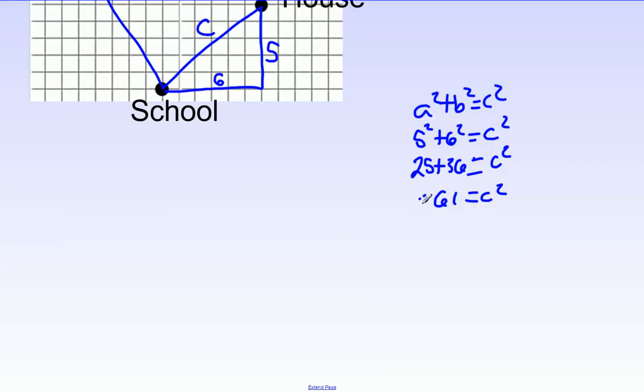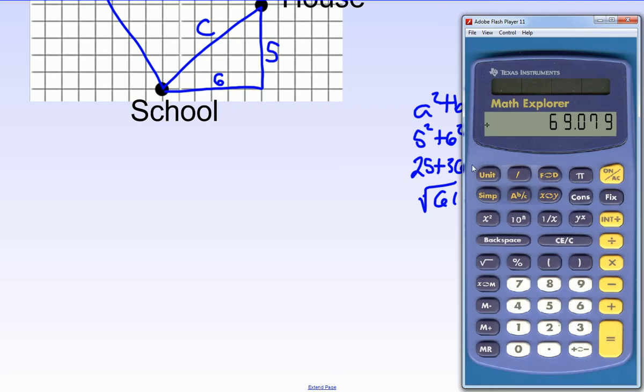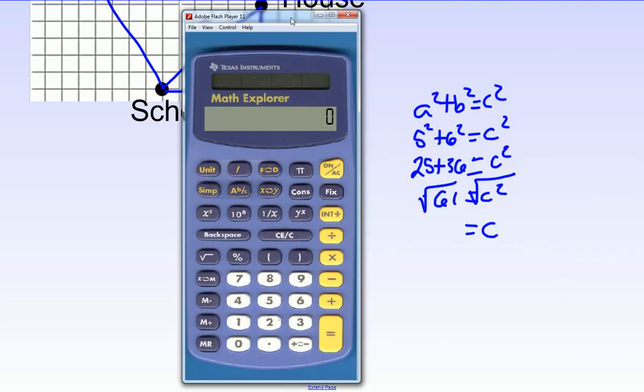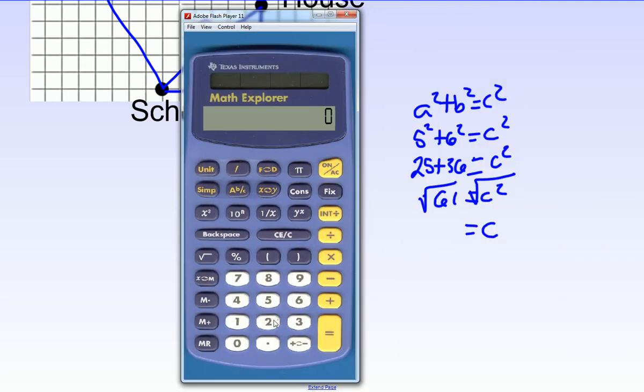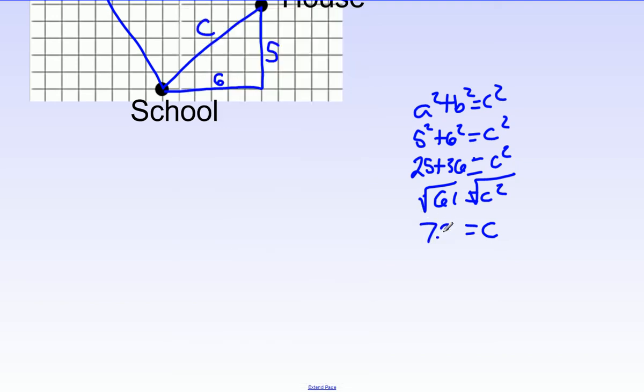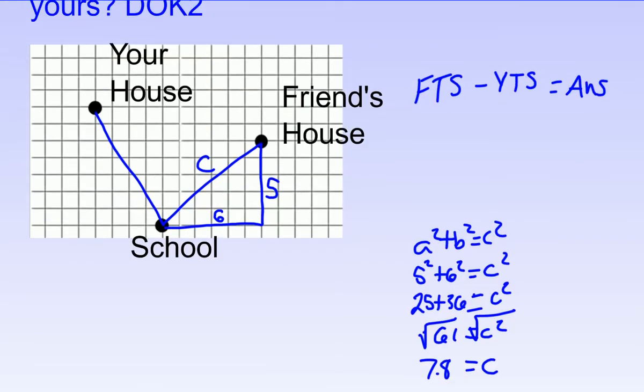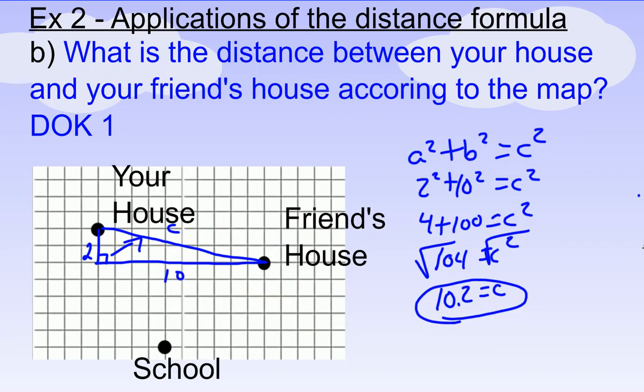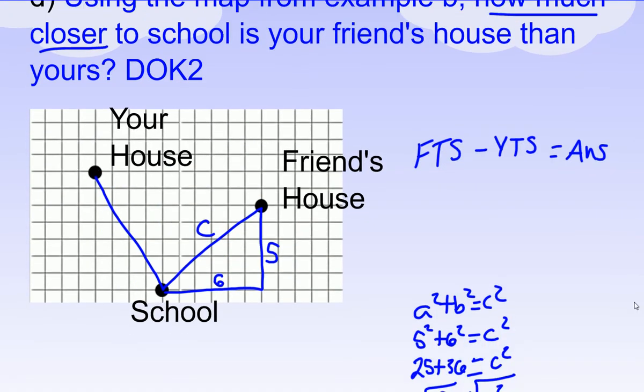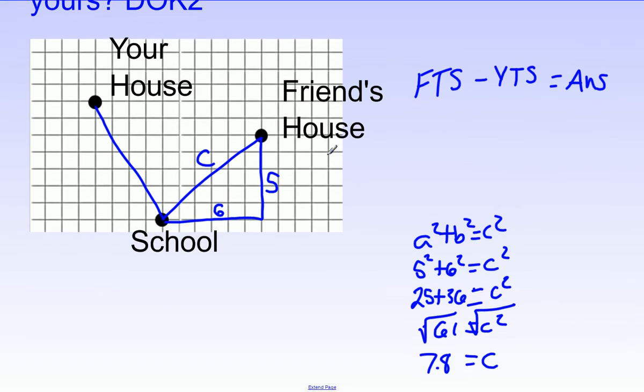If I square root each side, c equals square root of 61, which is 7.8. Alright, so we just found the distance from your friend's house to the school is 7.8 units or miles or whatever distance that is, whatever label.